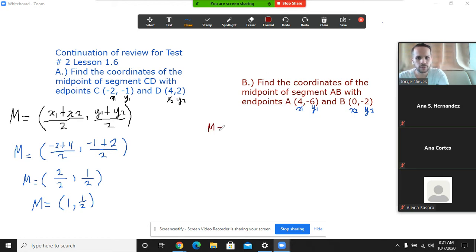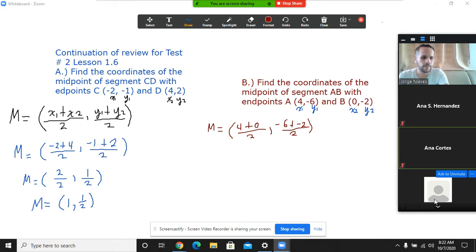It's the same formula, students. We're finding the midpoint, remember. So x1 is 4. x2 is 0, so it's going to be 4 plus 0 divided by 2. Okay, we've got the first part, the x coordinate. We're going to work with the y coordinates though. So it's going to be -6 plus -2, and that's going to be divided by 2.